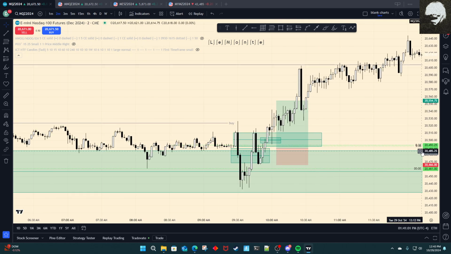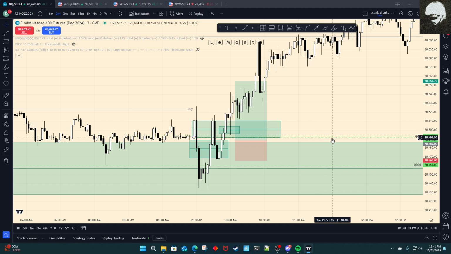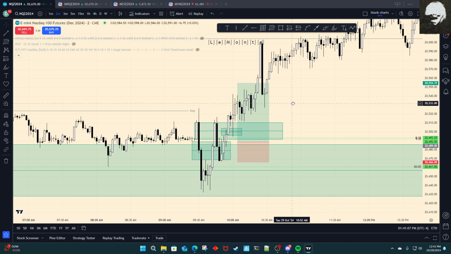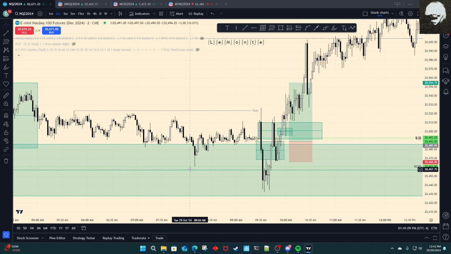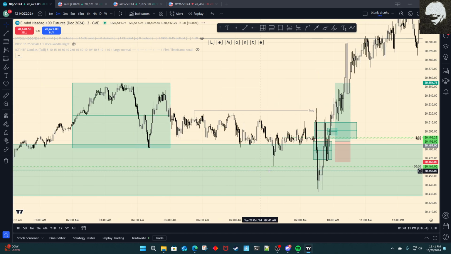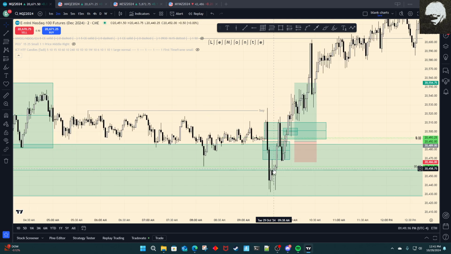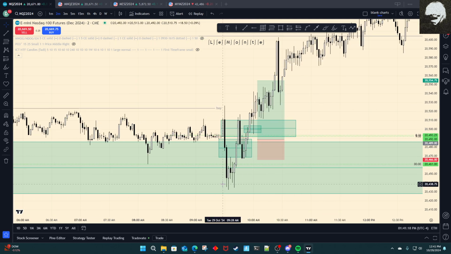Let's go to the 2 minute. Yeah, we bounced off the 930 and the 830 price. We targeted the low, which was directly in line with this 810 low. Took out, inversed.